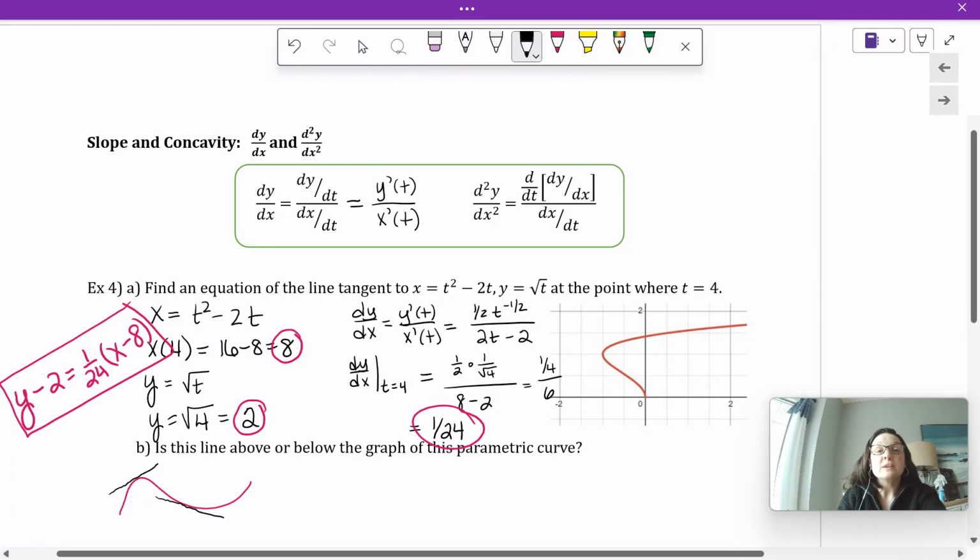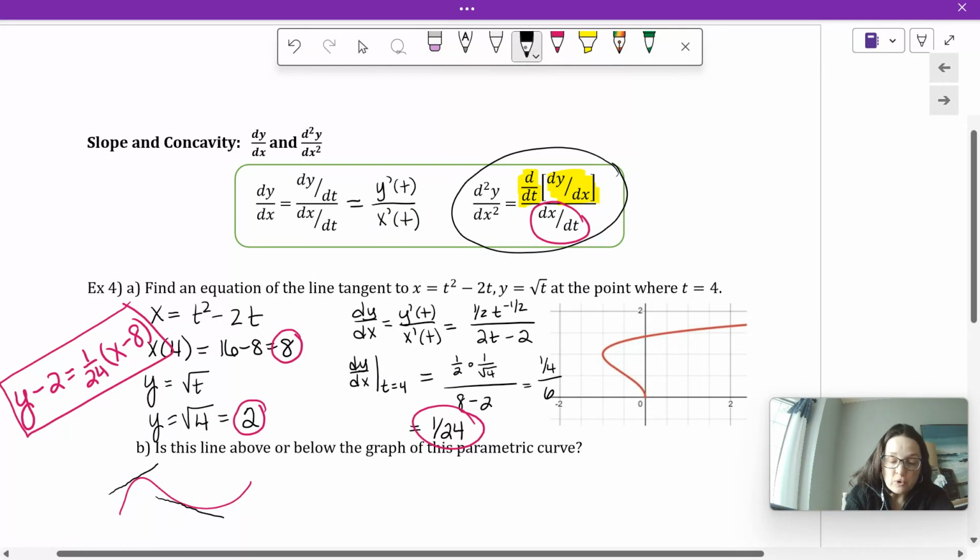Well, concavity is the second derivative. The second derivative in parametric is not quite so intuitive, so you just got to memorize it, okay? The second derivative of a parametric function is the derivative of the first derivative, and then you divide that by dx/dt.